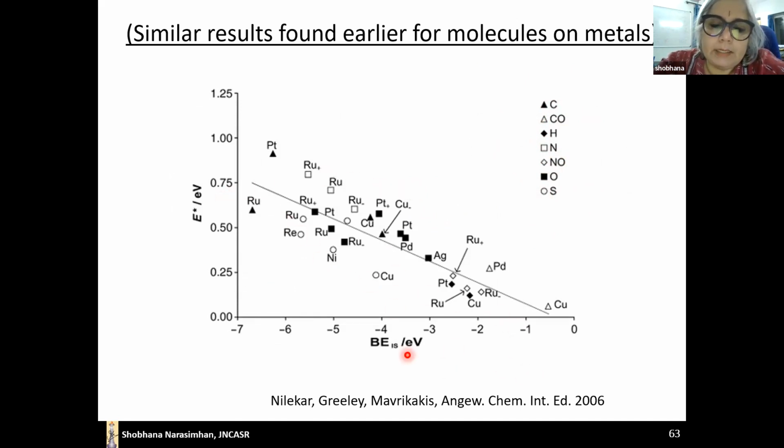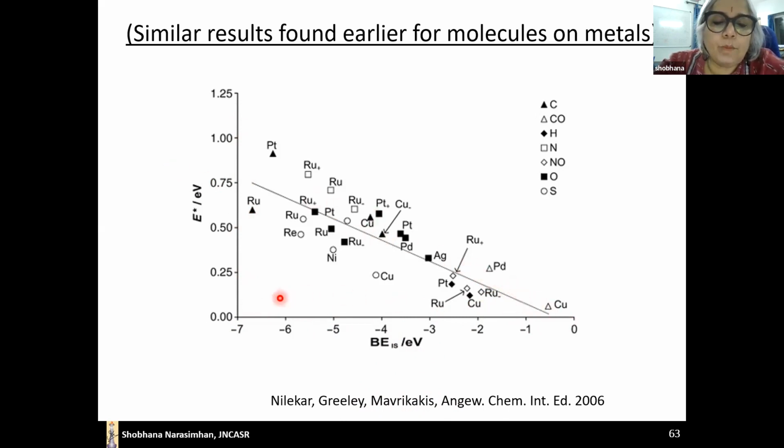So this is by this group of Mavrikakis, who showed that if you plot the diffusion barrier, that is the height of the transition state, versus the binding energy of the initial state, then you get a pretty good linear correlation.